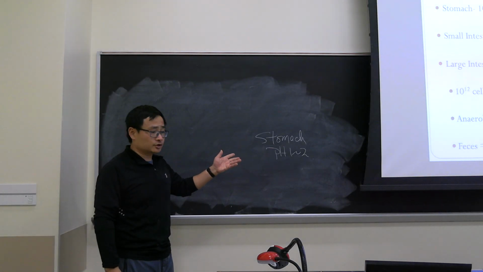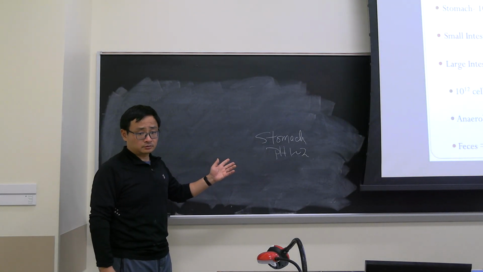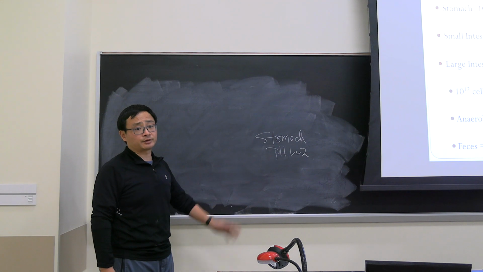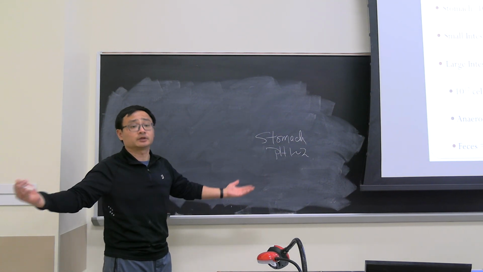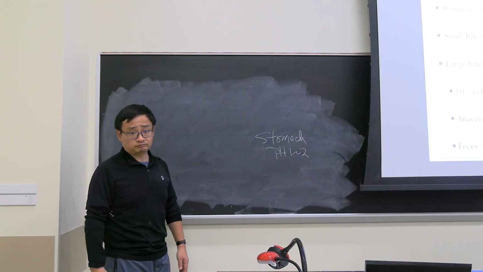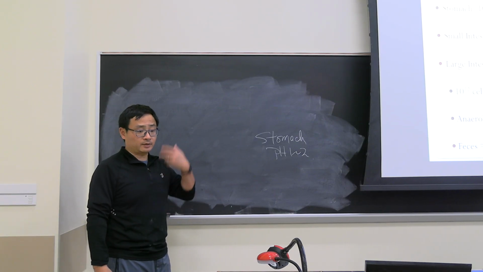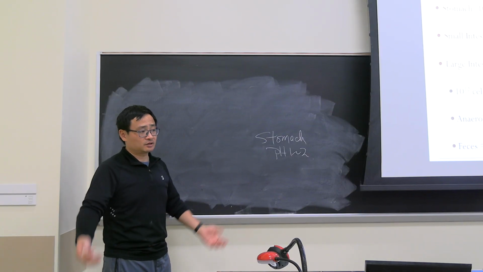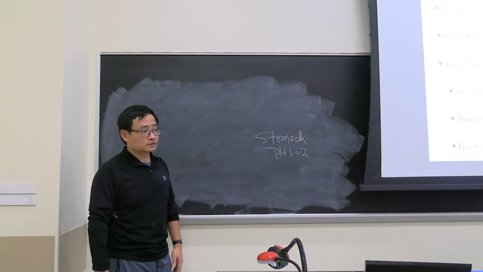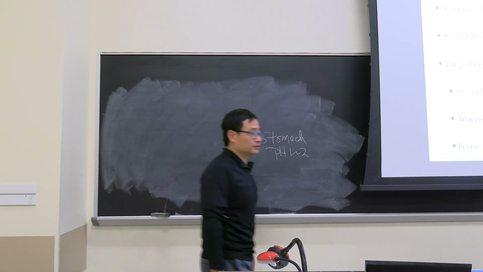The natural acid in our stomach kills the bacteria. You may know this if you have heartburn early in the morning. You see something coming back from your stomach to your mouth, you feel it, it's acid, it's very acid. That's the stomach.